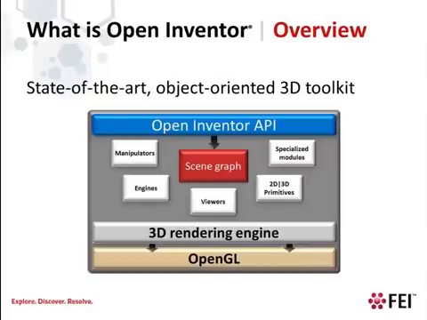Open Inventor is a perfect solution for rapid application prototyping, both because you work at a higher level than OpenGL, and because many operations that 3D developers typically implement, like moving the camera or selecting and modifying objects, are already implemented for you. But in fact, Open Inventor provides much more than this.